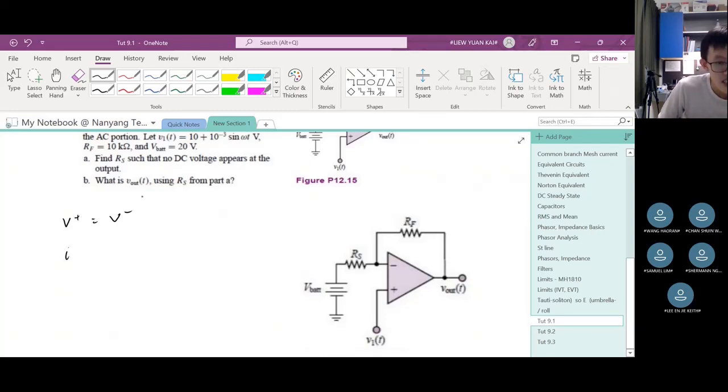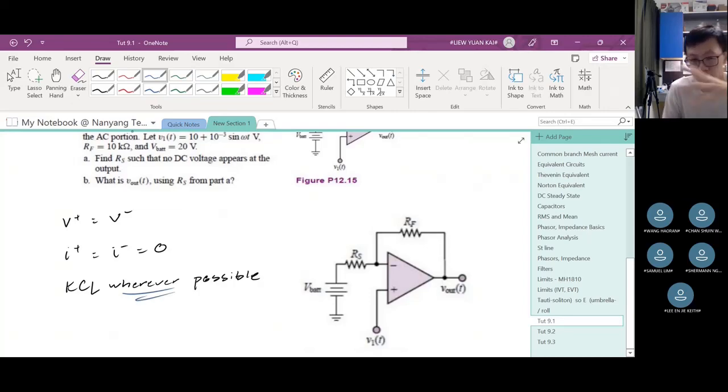Then I plus equals I minus equals 0. Then the step from here is to do KCL wherever possible. You will be doing KCL at whatever nodes make sense.